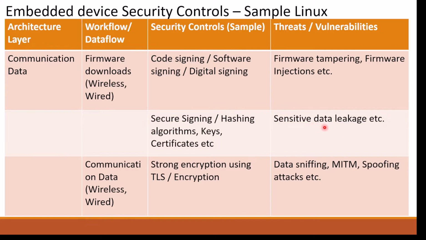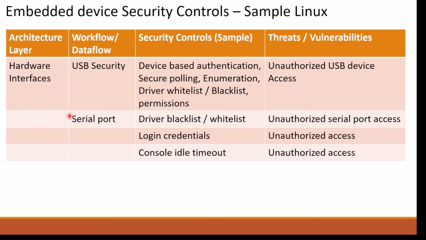So these types of vulnerabilities may be exposed here. Then for the communication data, we have HTTPS also. So we need to strongly encrypt using a TLS certificate so that we can prevent data sniffing and MITM attacks on the HTTP communication.